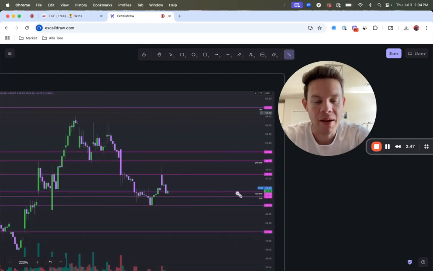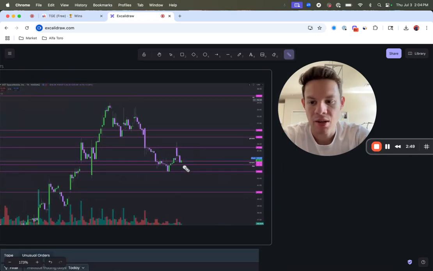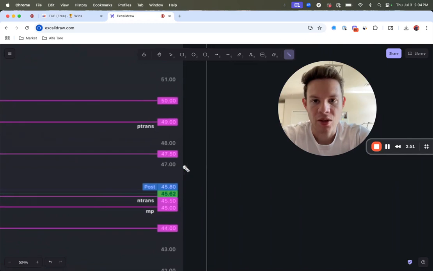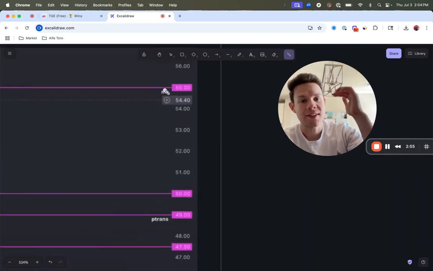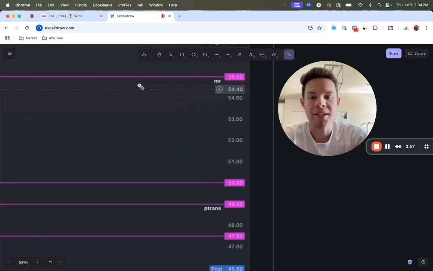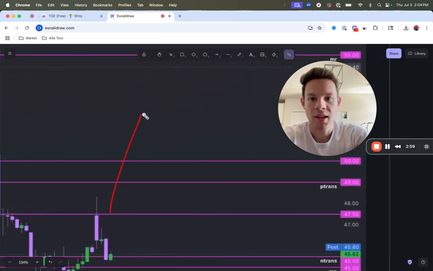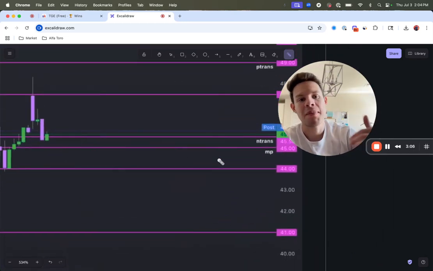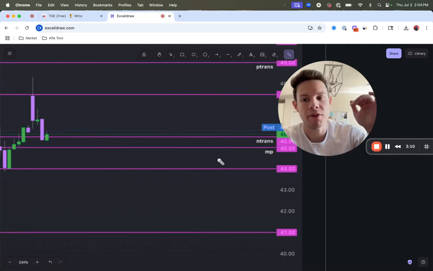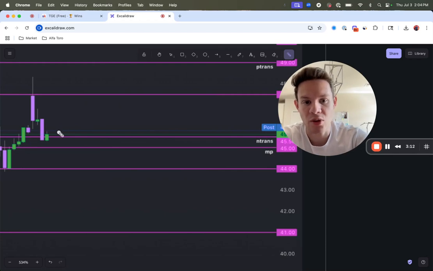I have these labeled here, which if we zoom in, you'll see I have MR, which is max reward. If price is going towards max reward, this could be the biggest level of resistance. Max pain is like the lowest it may possibly go. It doesn't mean that it's the lowest, but this is the biggest level of support as of right now if price is going towards it.